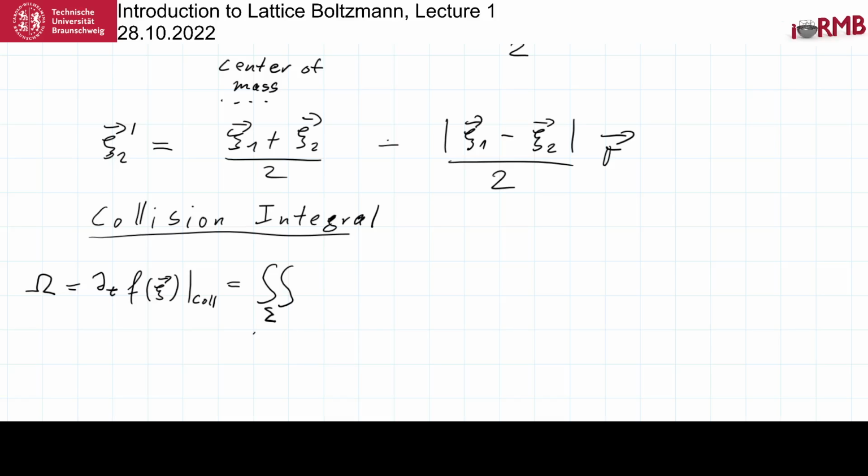The small sigma is the direction, so this means all directions. An integral over all possible directions, because it could come out in any direction, and an integral over all speeds of the particle too.